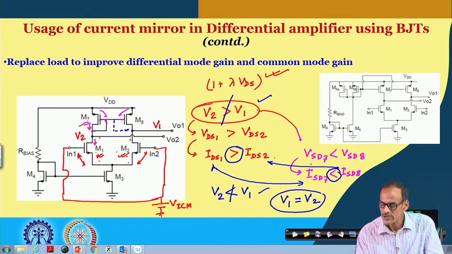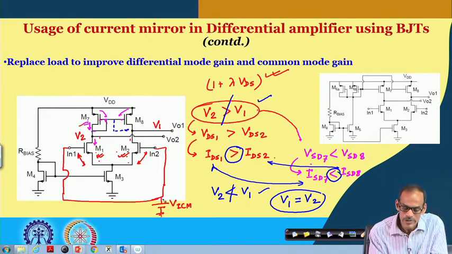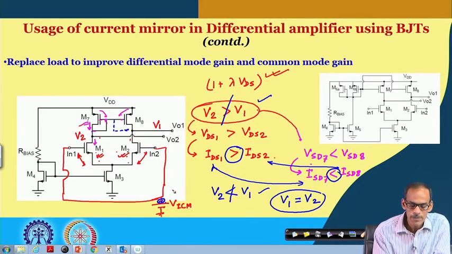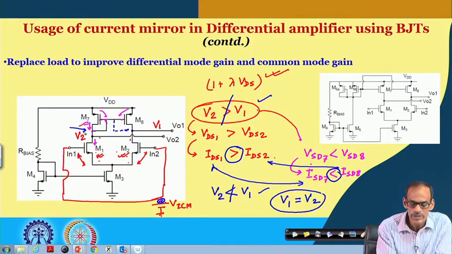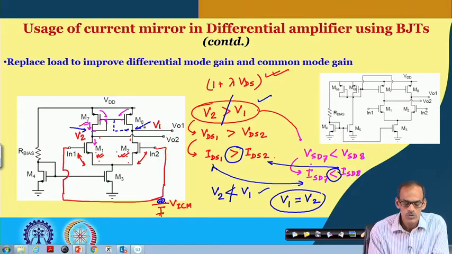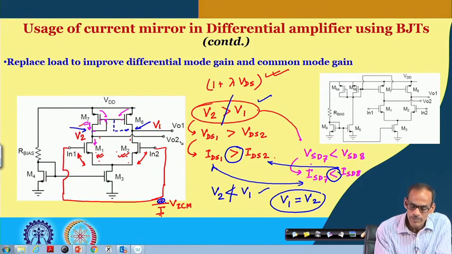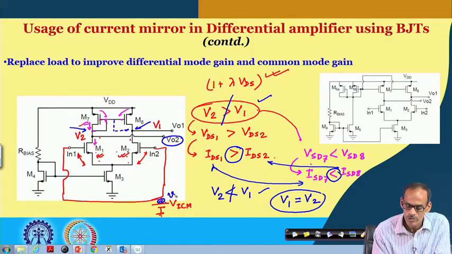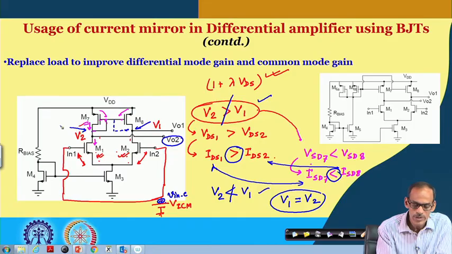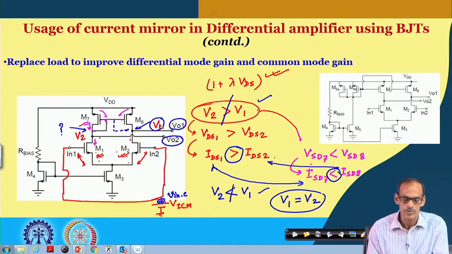And not only for DC, even for some small signal here, whatever signal you get here, the same signal will come here. So, if I know the voltage coming here for the common mode input Vin,c, whatever voltage we get here, we can directly say the corresponding voltage is coming to the other input.